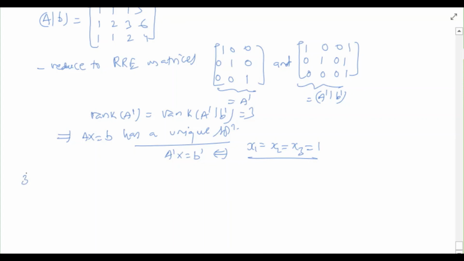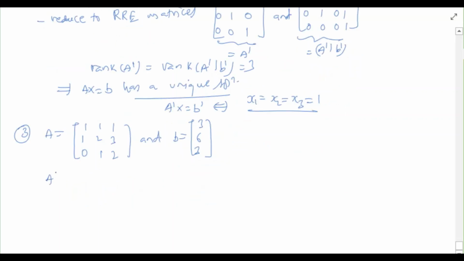Let us now see one more example. Now A is 1 1 1, 1 2 3, 0 1 2 and B is 3 6 3. The augmented matrix now is 1 1 1 3, 1 2 3 6, 0 1 2 3.